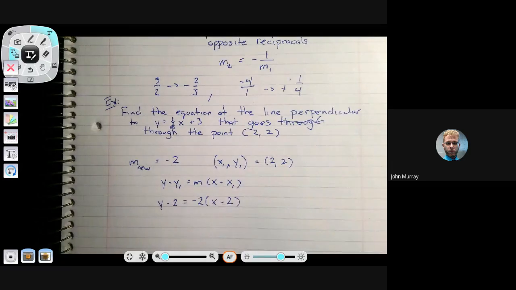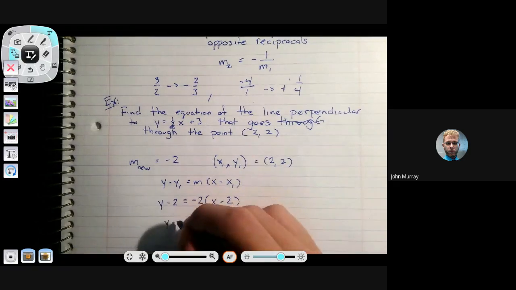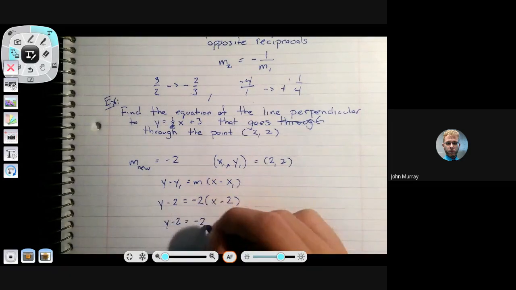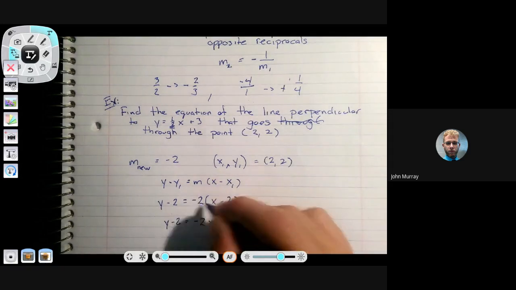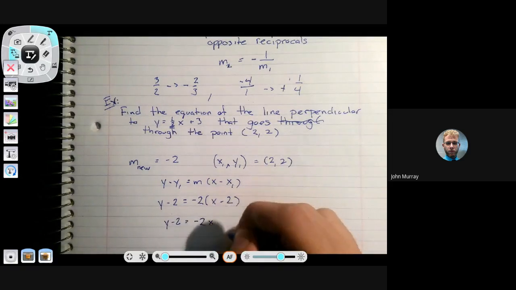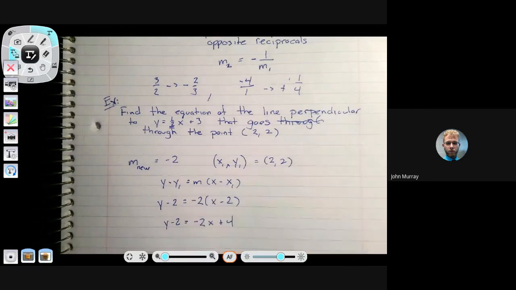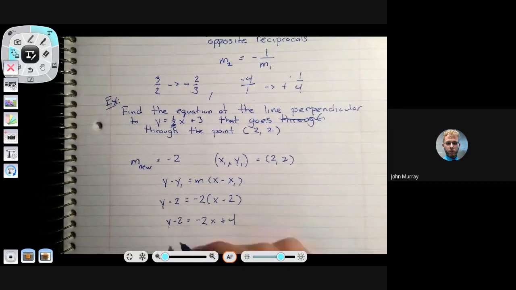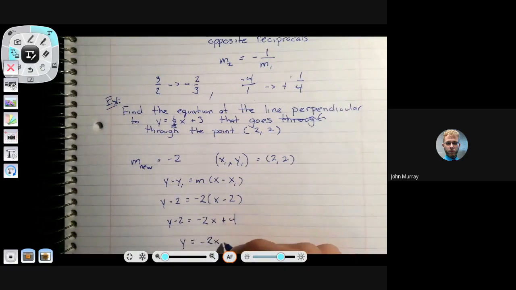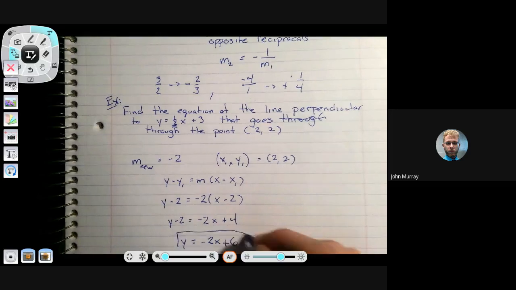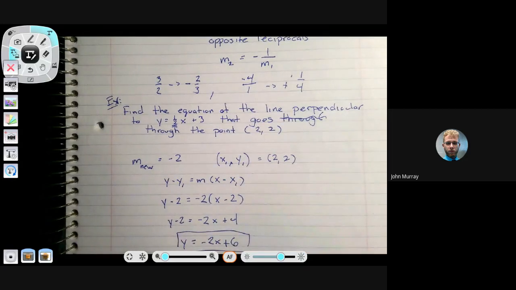Okay, and then we're going to distribute. Be careful. -2 times -2 is going to be +4. And then I add 2 to both sides. And we have the equation of our perpendicular line.